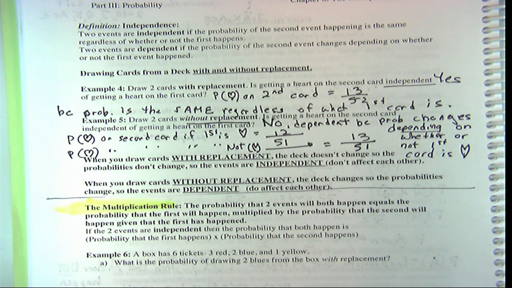If you want the chance of getting a 5 on the first roll and a 6 on the second roll, if you want both those things to happen, you're going to say 1/6 of the time you get a 5, and then 1/6 of those times you might get a 6. So it's 1/6 times 1/6. The probabilities get smaller when you want both things to happen, right? So you'd think, oh, both things to happen, the probability of A and B is going to be the probability of A plus B. No, it's not.